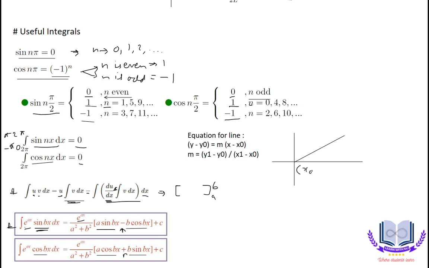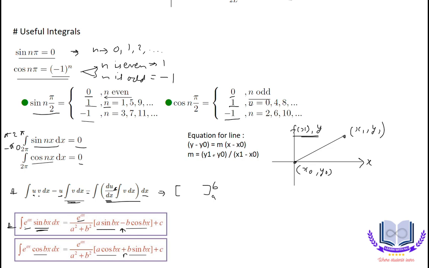So let's say this is our x0 comma y0, and at that position we have x1 and y1. For that we first have to calculate the equation of line, which is our f(x), or we can say y. So we first find the equation of line, then we can calculate the Fourier series for that y, or we can say f.